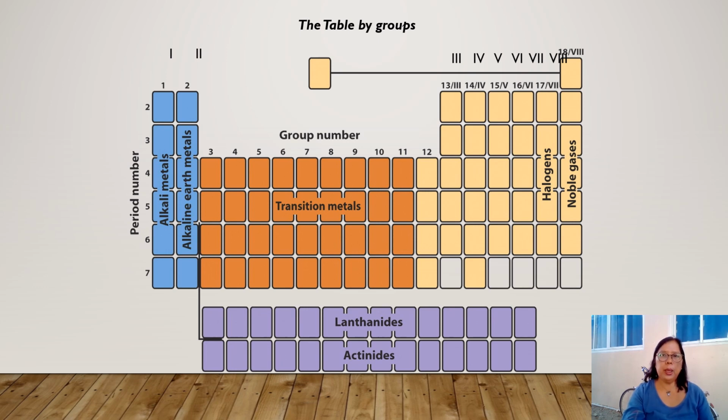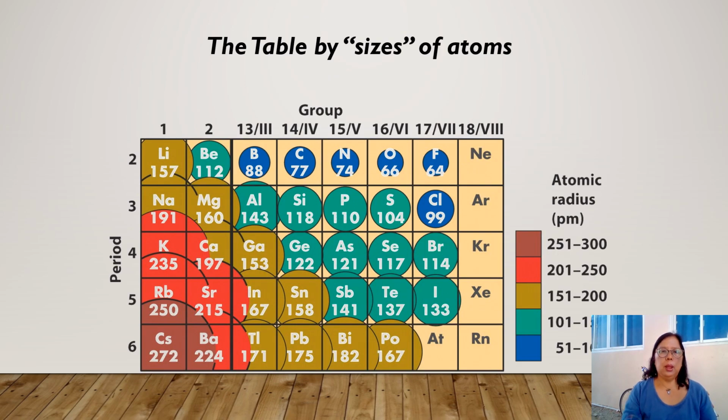And in group A, of course, you have the noble gases. If we look at the table by size of atoms, you will notice that as you go higher in terms of group, the atomic size decreases.